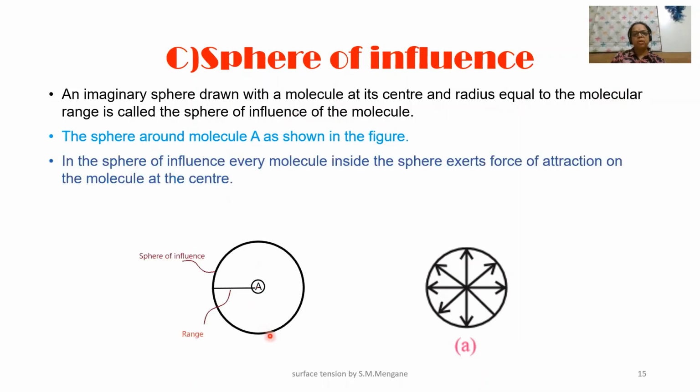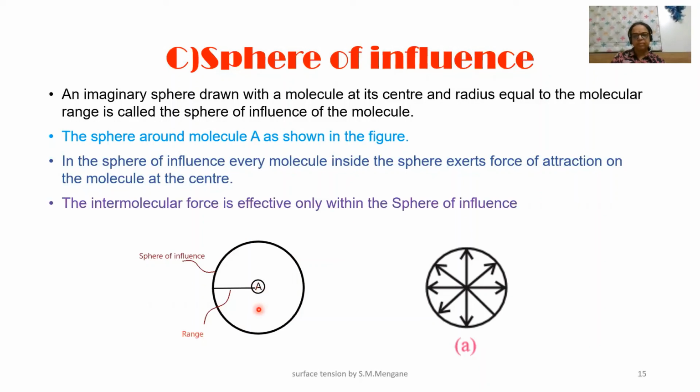In the sphere around A, as shown in the figure, every molecule inside the sphere exerts a force of attraction on the molecule at the center. The intermolecular force is effective only within the sphere of influence.